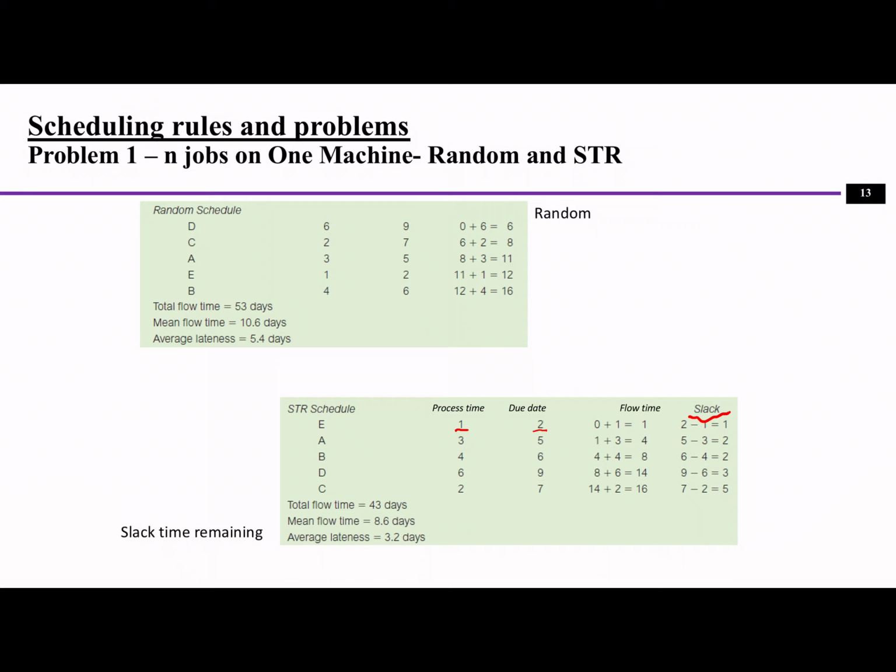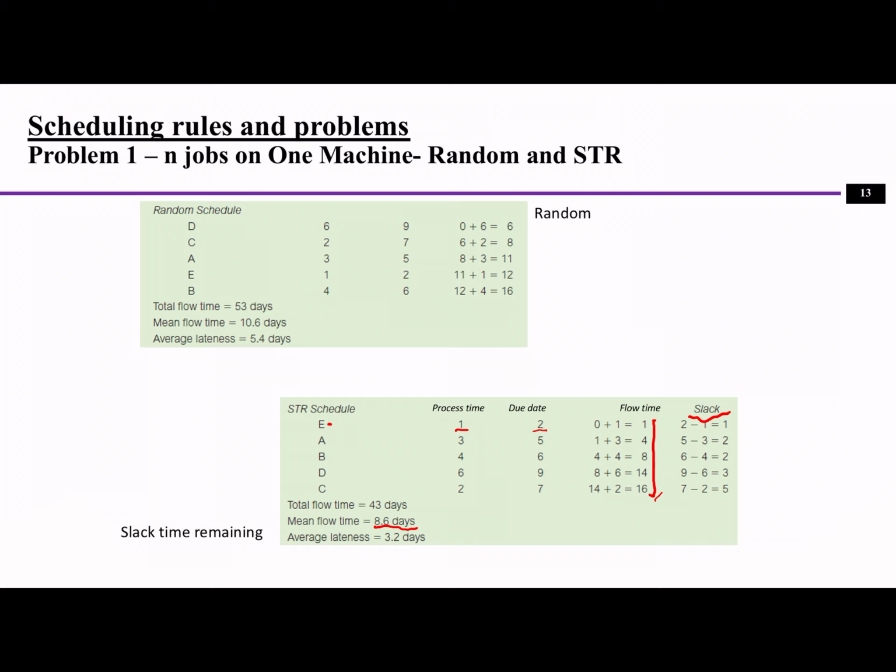So we rank them based on the slack time remaining: E, A, B, D, C. Then we can calculate the flow times, and the mean flow time is 8.6 days.